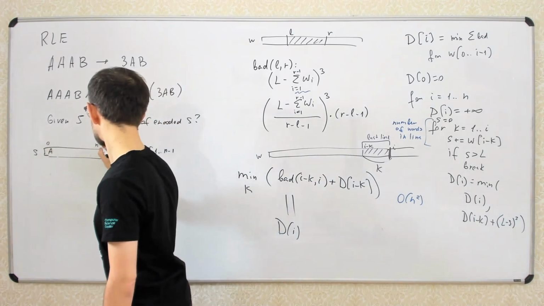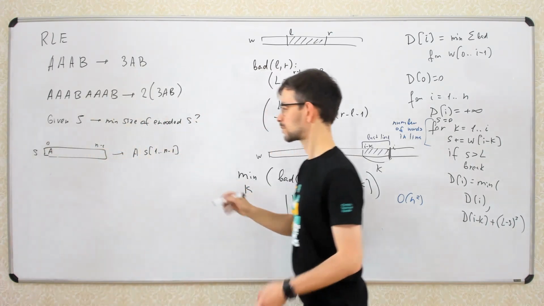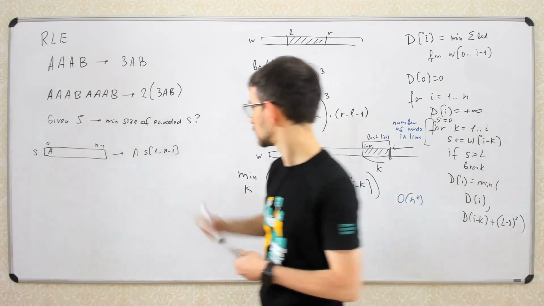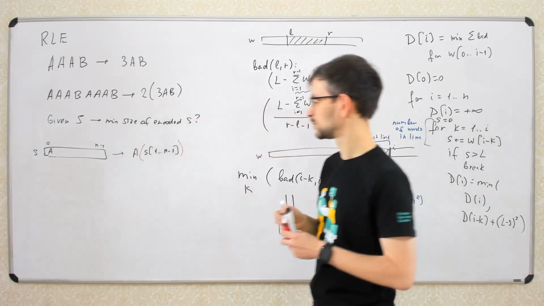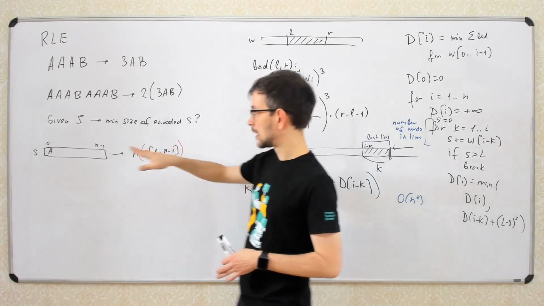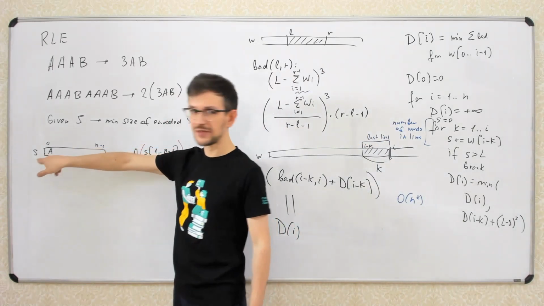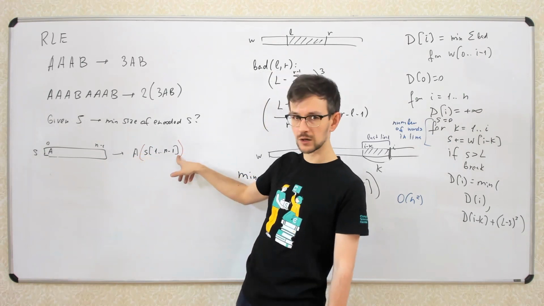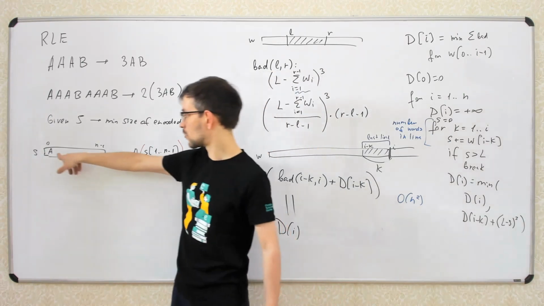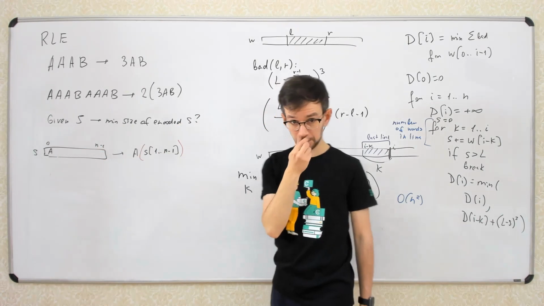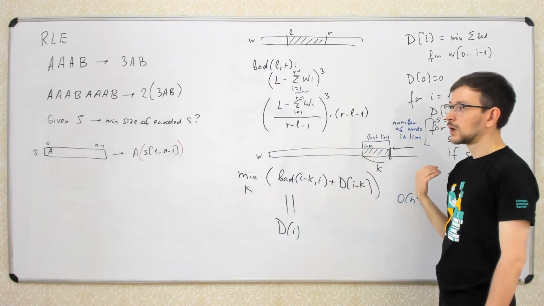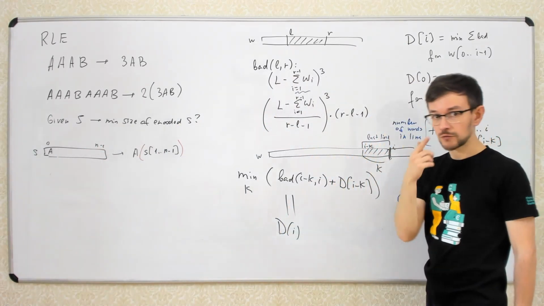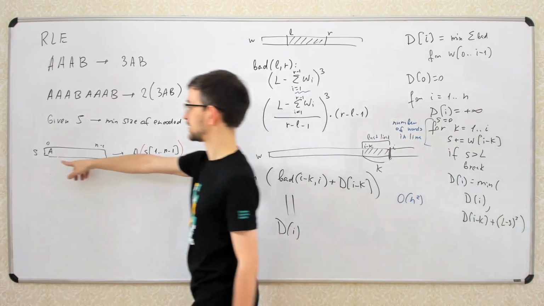We leave this character A, and then something encodes the string from 1 to n minus 1. This is the first option: just to leave the first character as it is.